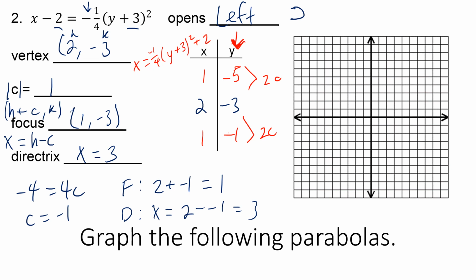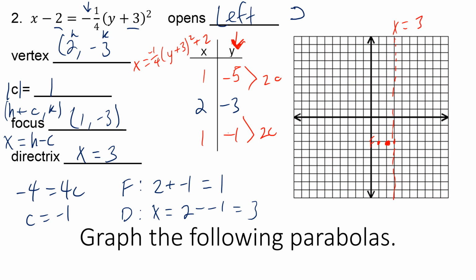I'm going to go to 2, negative 3, 1, 2, and I'm going to go down 1, 2, 3. That is going to be my vertex. From my vertex, I know that I'm going to go 1 unit up, and that is going to be my focus. I'm going to go 1 unit down, and that's going to be my directrix, x equals 3.